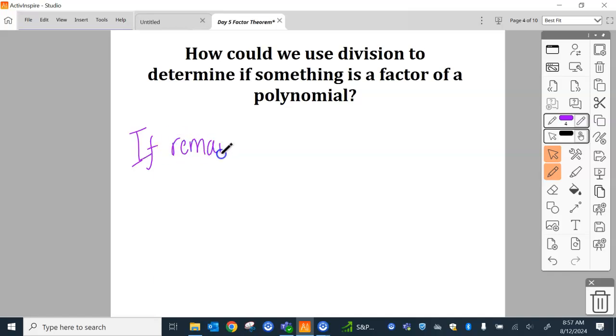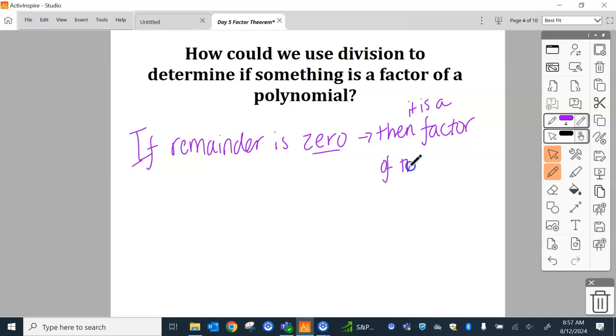If the remainder is 0, then it is a factor of the polynomial. So we are looking for a remainder of 0, and then yes, that factor is a factor of the polynomial. So let's do some examples.